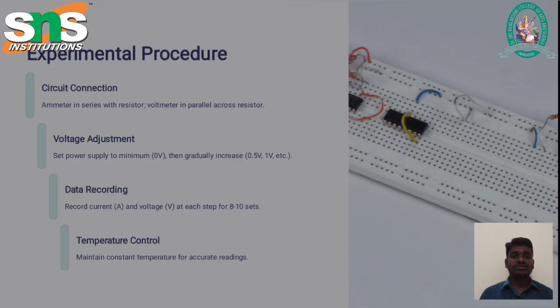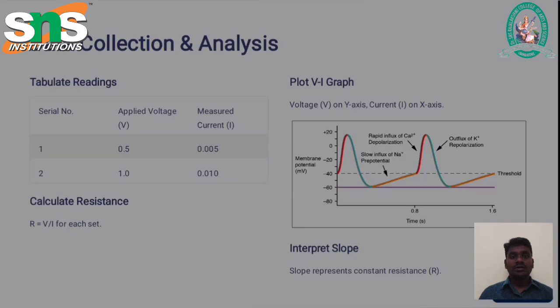After the connection is made, we have to increase the voltage through the power supply. Then we measure the voltage, and the corresponding current value through the ammeter. After measuring the current for different increasing voltages, finally we'll get our tabulation, that is applied voltage versus measured current.